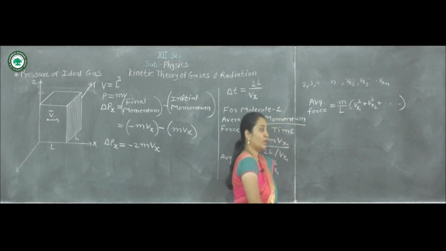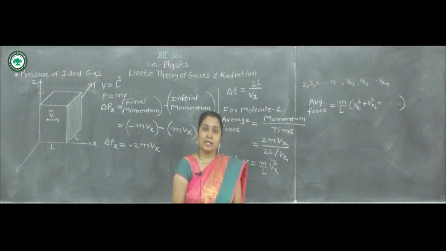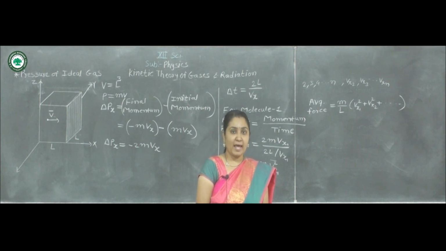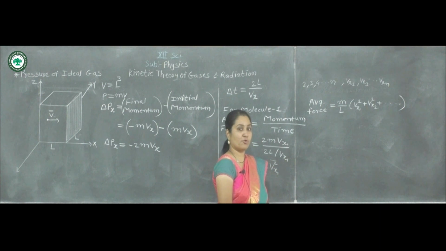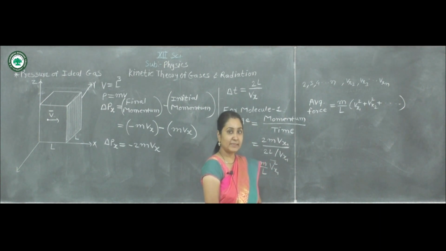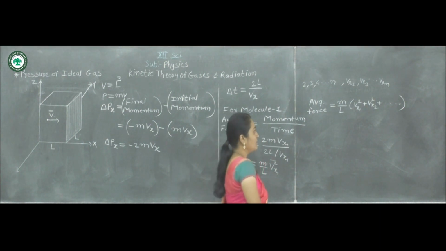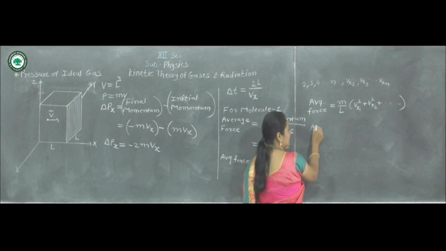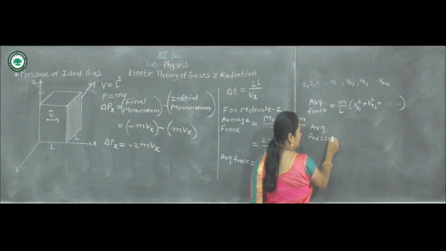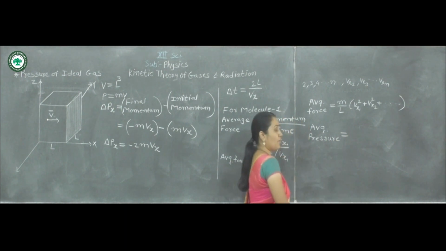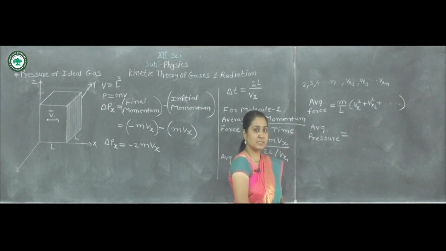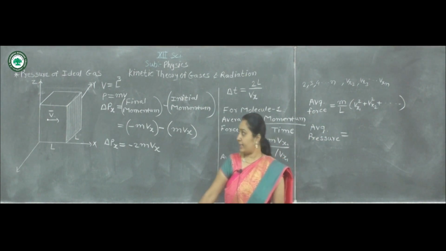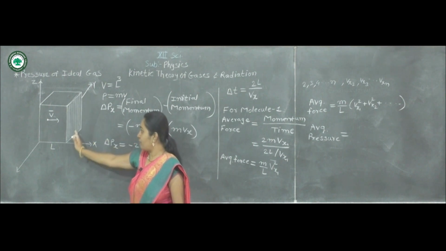So now we have to find the relation between pressure and molecular speed. So from this average force we can find the average pressure. So the average pressure is given by the average force divided by the area of this shaded wall.